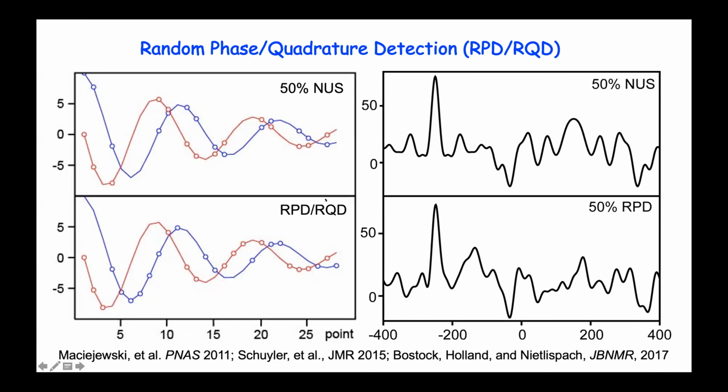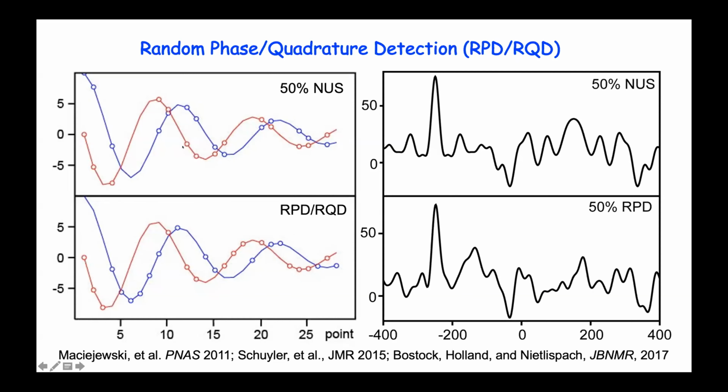So let me clarify. In my eyes, they're really almost interchangeable, but random quadrature is also applicable to echo anti-echo instead of just cosine and sine components, okay? So when I say this, I really mean RPD and echo anti-echo, okay?